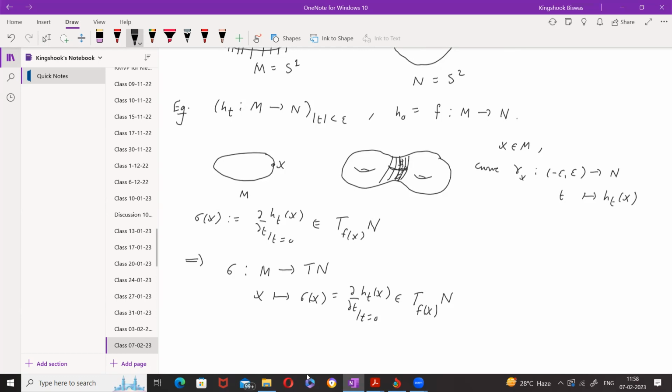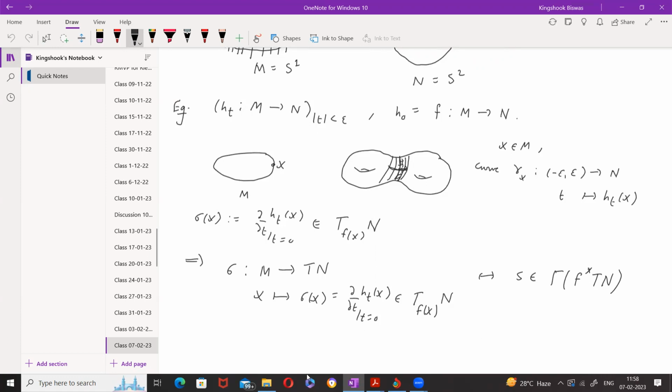In other words, this corresponds to a section of the pullback of the tangent bundle of N. Is this clear?